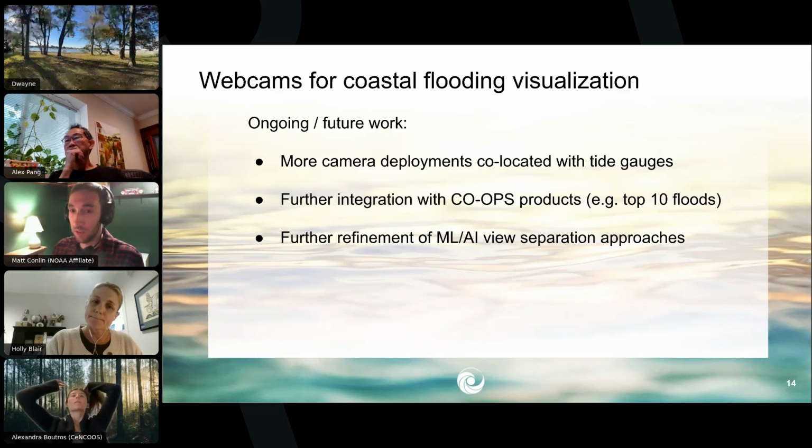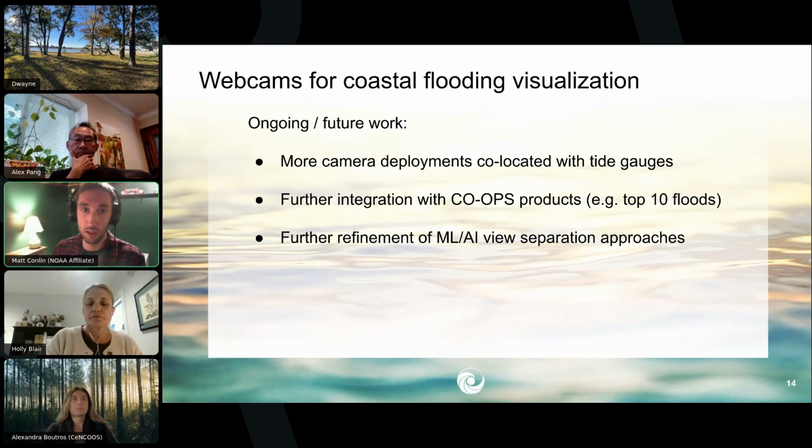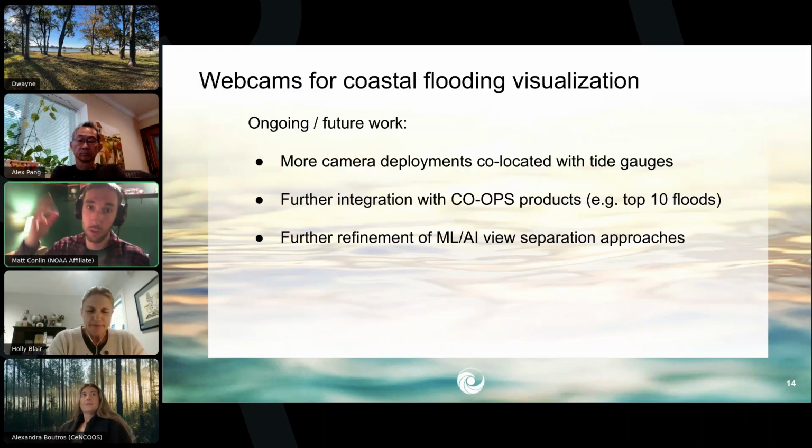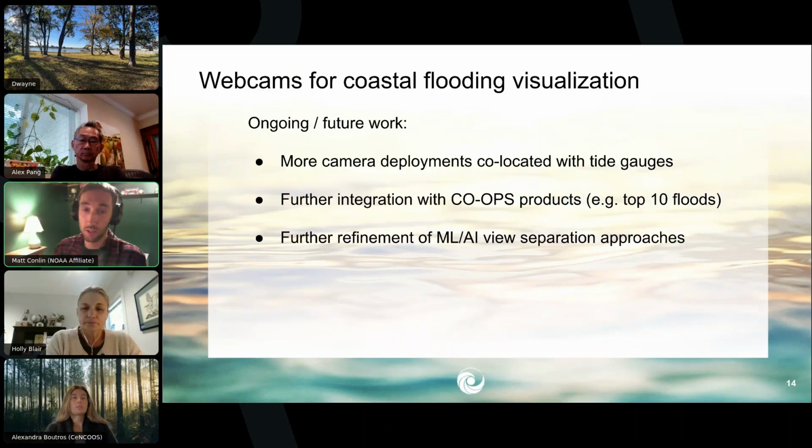Another big aspect of this work has been automated separation of different views. This will probably be talked about more after me as well, but a lot of WebCOOS cameras and webcams in general pan, tilt, and zoom across multiple different views. That's really nice for some things, but for the videos that I just showed you, it's not nice if we're trying to look at one specific scene.